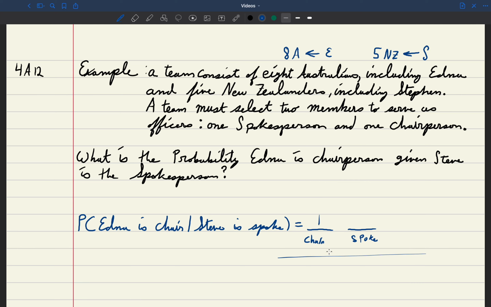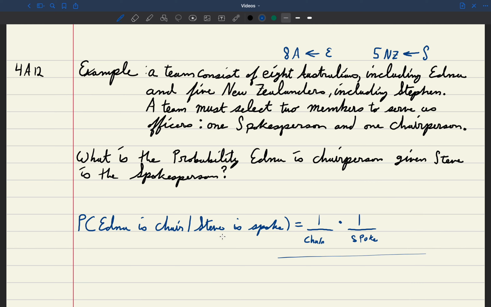So that's only one choice. And we're guaranteed that Steve is the spokesperson, and that's only one choice. So that's just 1 times 1 ways that that can occur. There's only one way that Edna is the chairperson and Steve is the spokesperson.